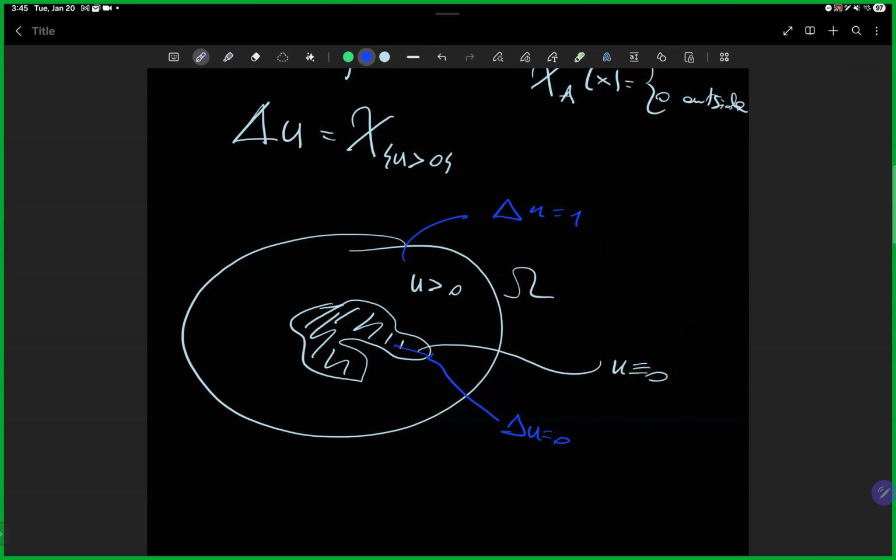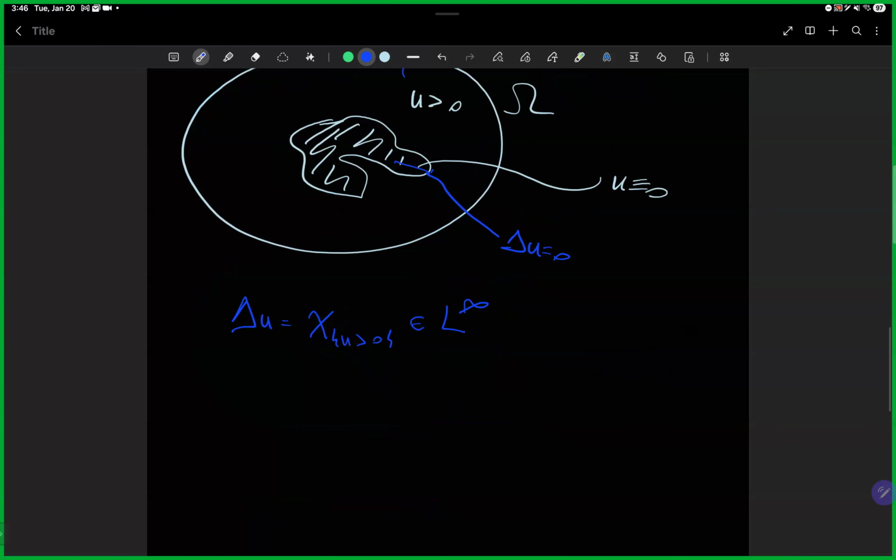And actually, there is an extra condition which is hidden in this PDE. Laplacian of u is the characteristic function of u positive, which is a bounded function, so it's in L infinity, because it takes values 0 and 1. Which means, by elliptic regularity, that u is C1. So u is a non-negative C1 function.